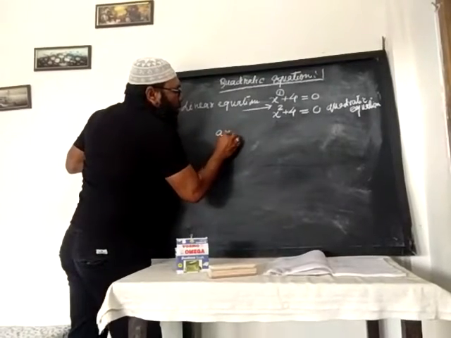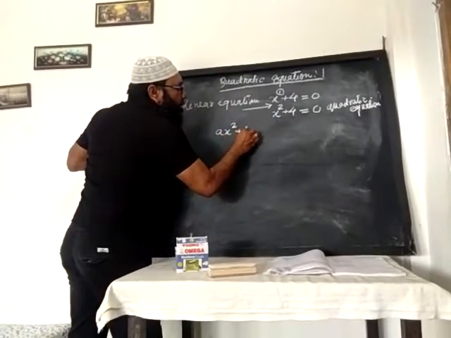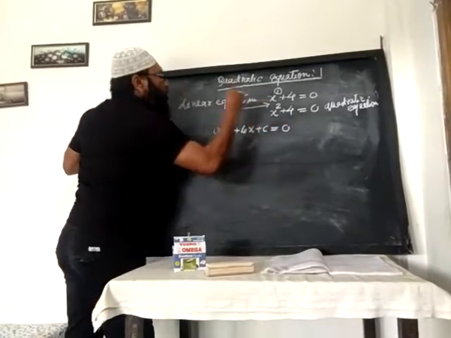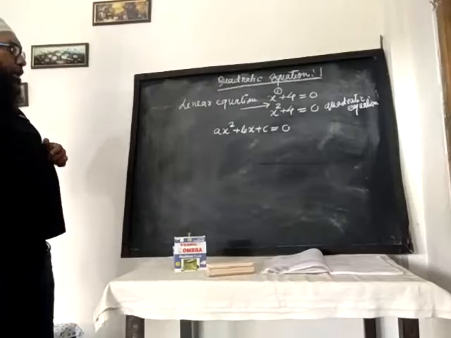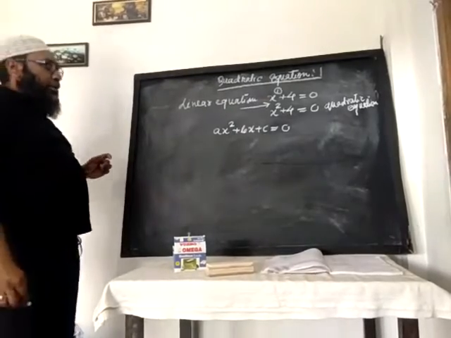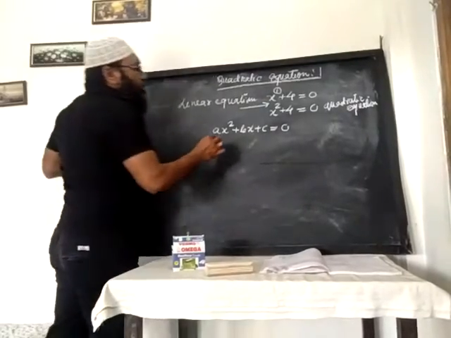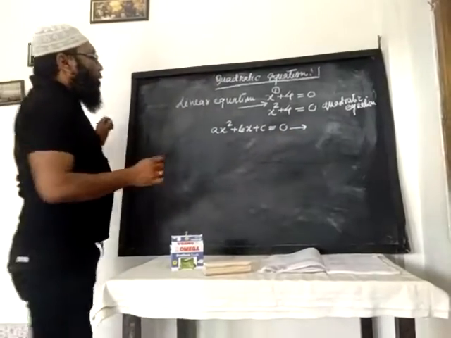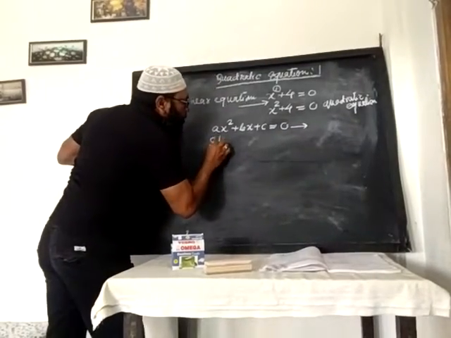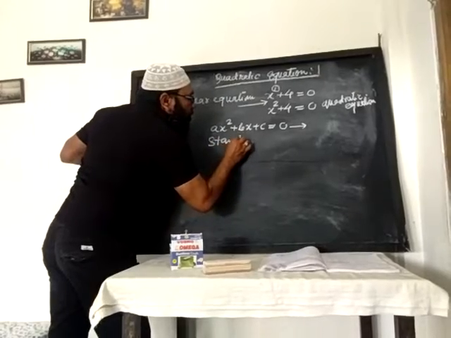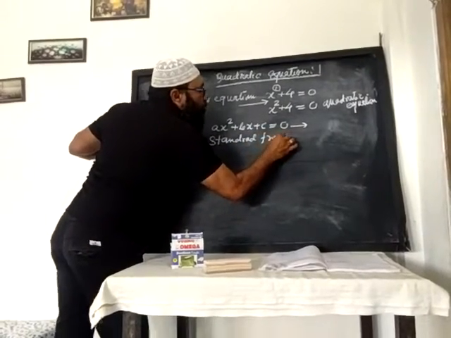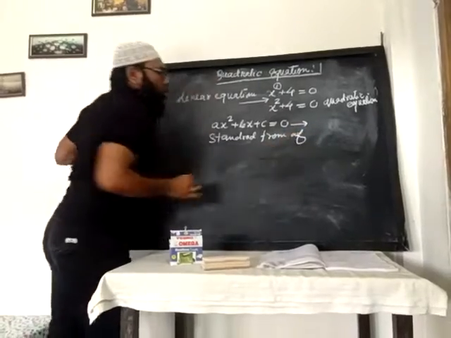ax squared plus bx plus c equals 0. This is a quadratic equation, the standard form of a quadratic equation.